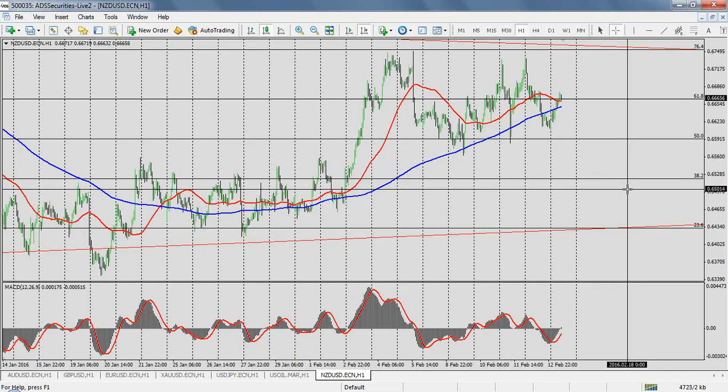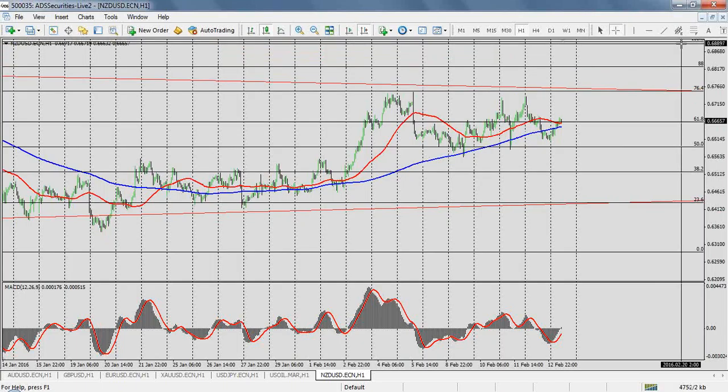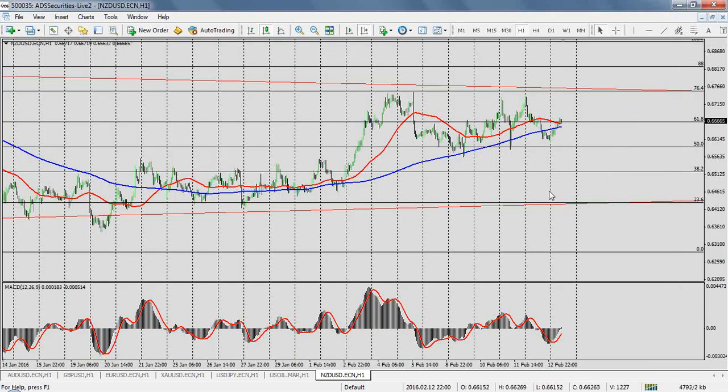From here onwards, once again, we would be aiming for the levels of 0.6820 and 0.6950. If that is the case, we would be having approximately 370, 380 pips of profit opportunity. This is for the New Zealand dollar, US dollar.